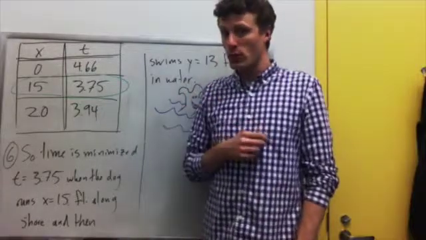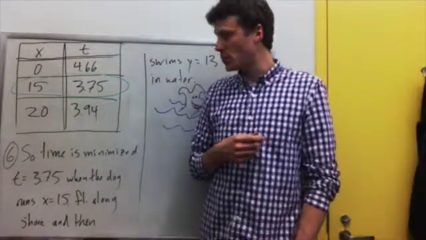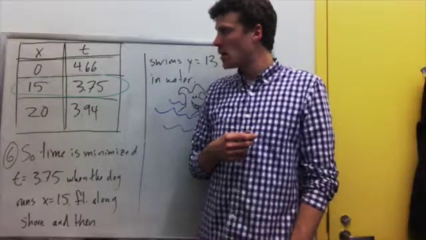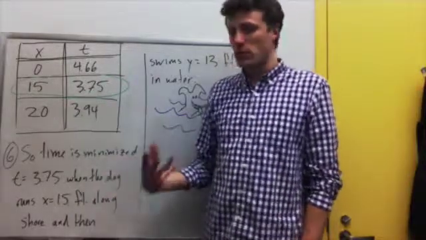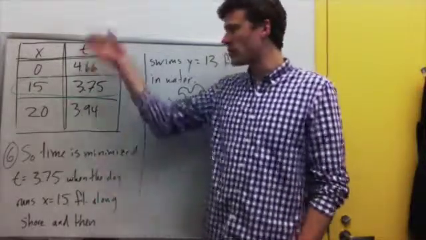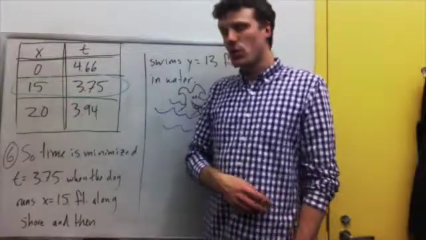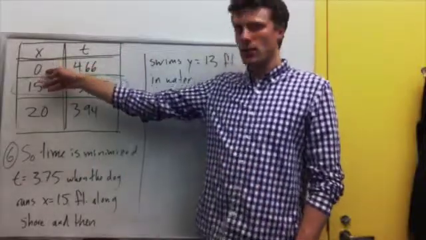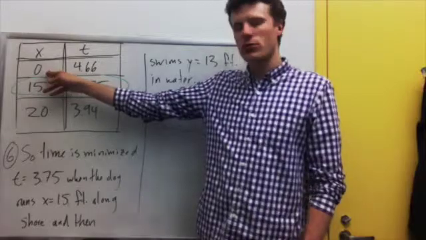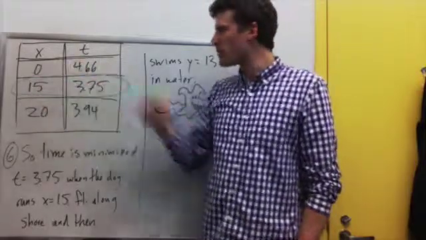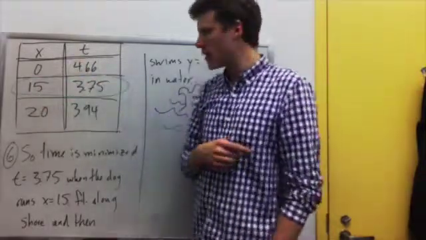Okay, so we still have to go ahead and check that this is indeed the minimum. We have two different ways: we can use the first derivative test, or since we have a closed interval on a continuous function, we could just do the closed interval method. So if the dog runs no feet along the shore, which means that he jumps straight into the water and swims the whole way, it takes him 4.66 seconds.